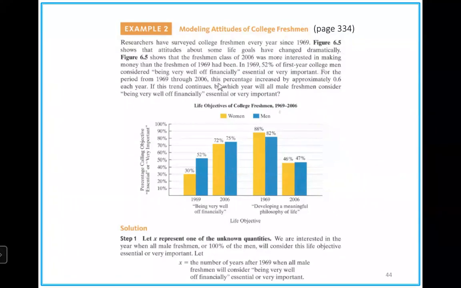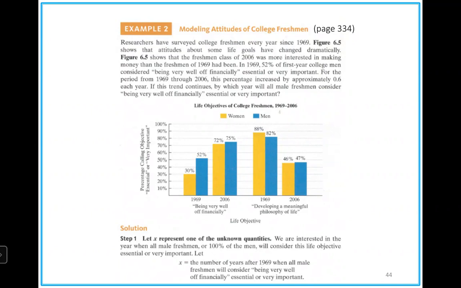It's in the wording of the question. It says this percentage increased by approximately something each year, 0.6. So it's going up by 0.6 each year. They want to find out, if it continues going up by 0.6, when will it get to 100%?